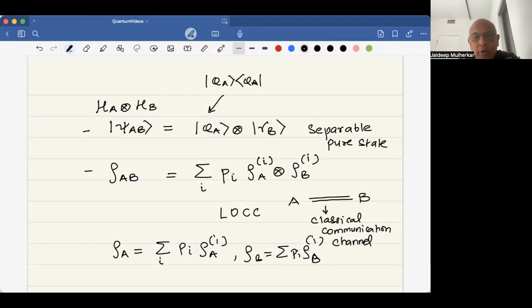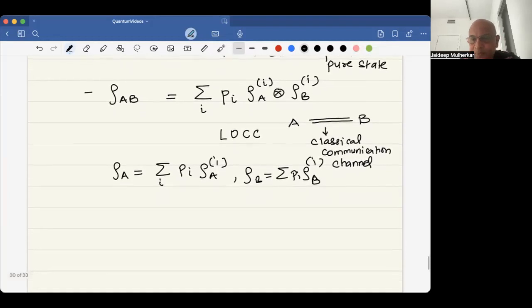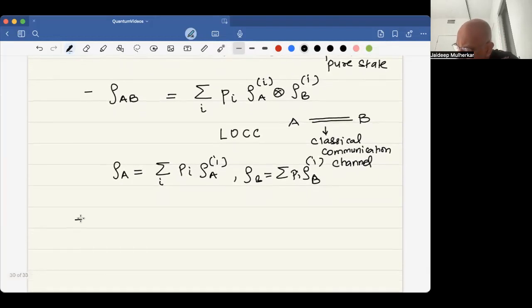But in general, if the states are not separable, it's not so obvious how to compute the density matrix corresponding to one of the subsystems. For that purpose, let's suppose I have a pure state psi and an observable A. You know that the expectation value of this state when it is measured by this observable is bra psi, A, ket psi.